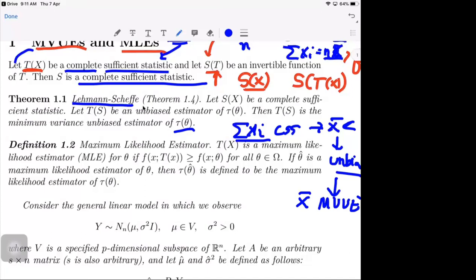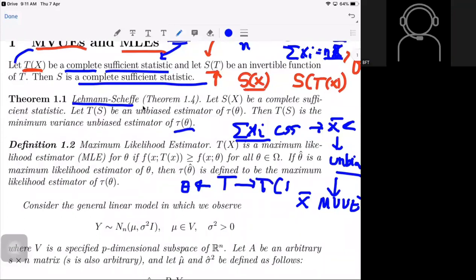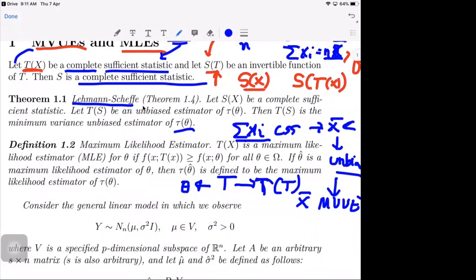So any transformation also. For example, the estimator for the summation of x, our total, is its parameter theta. And then you transform it by tau of the total, which is your mu. That transformation is also MVUE. Okay?